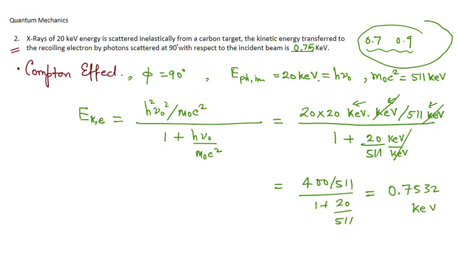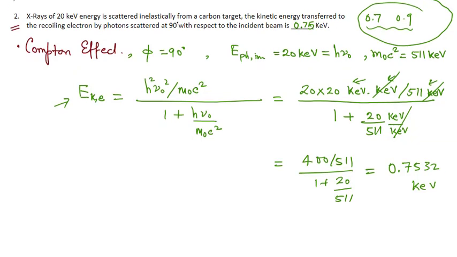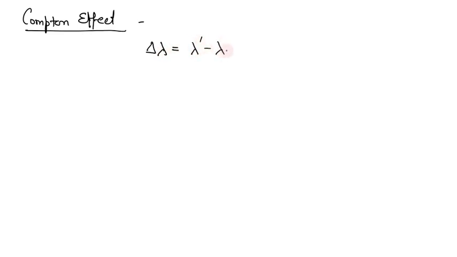Now let me tell you the different formulas you can use directly, because you can always calculate this by your regular method, writing momentum conservation and energy conservation, but given the number of questions and the time you have, it's very important that you remember these formulas. The general idea of the Compton effect is the change in wavelength, delta lambda, which is lambda prime minus lambda naught.